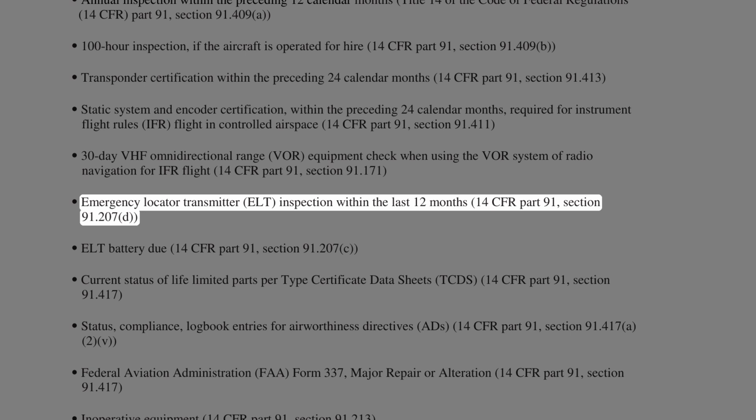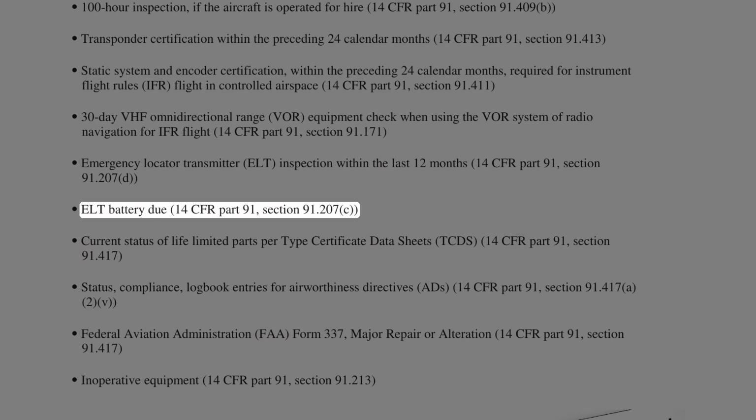Emergency locator transmitter, ELT, inspection within the last 12 months, 14 CFR Part 91, Section 91.207(d). ELT battery due, 14 CFR Part 91, Section 91.207(c).